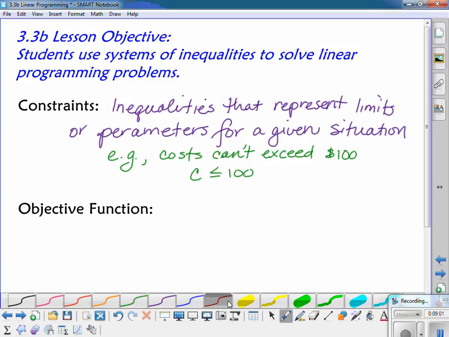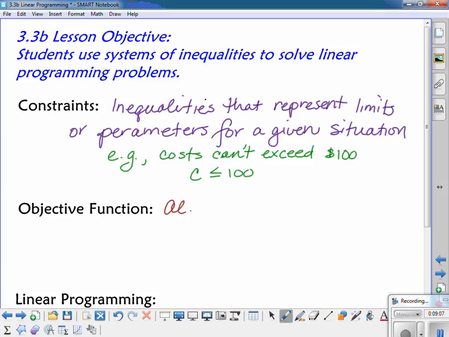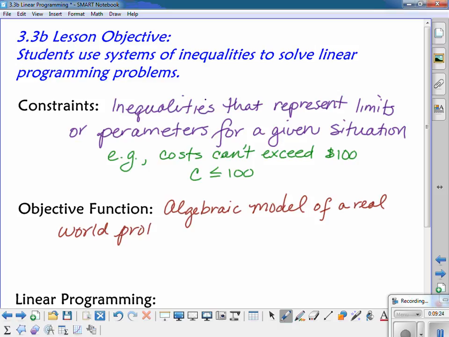We're taking a word problem and making it into an equation. And so that is an algebraic model. It's when we take our real world situation and make it an equation. So it's an algebraic model of a real world problem. And it is what you are trying to maximize or minimize.